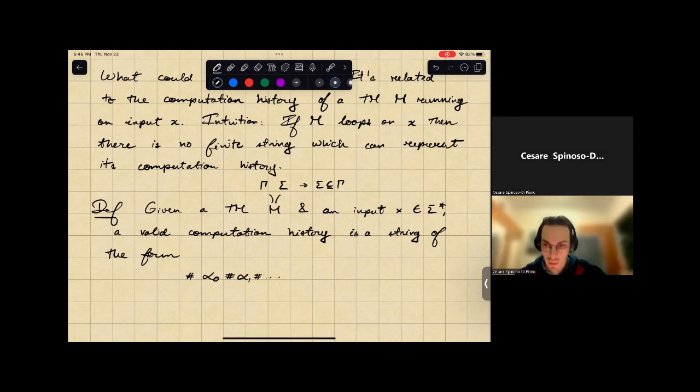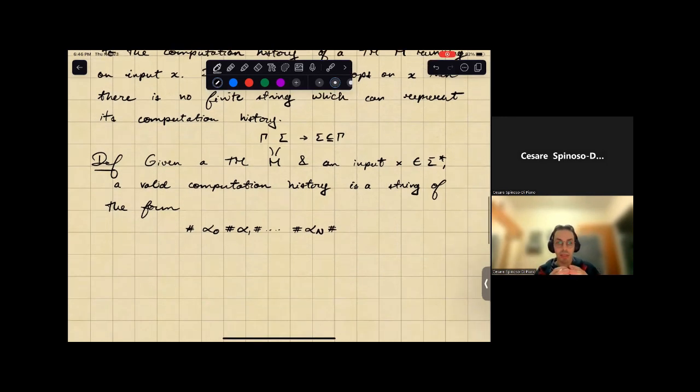You keep on appending instantaneous configurations until you get to the last one, until you get to the hash, then alpha n, and the hash, right? And so the idea is that this is the form of the string which represents a valid computation history, but of course it has to follow some constraints, right? It has to follow some constraints, the string to actually be a valid computation history.